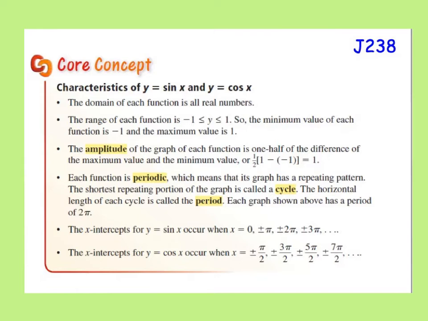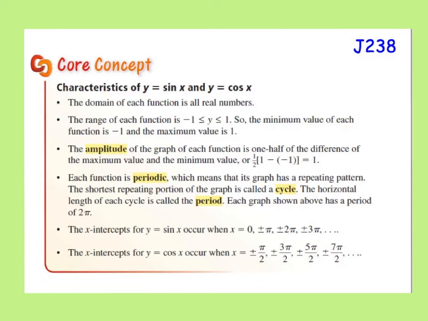The x-intercepts for y equals sine x occur when x equals 0, plus or minus pi, plus or minus 2 pi, plus or minus 3 pi, and so on. And the x-intercepts for y equals cosine x occur when x equals plus or minus pi over 2, plus or minus 3 pi over 2, plus or minus 5 pi over 2, plus or minus 7 pi over 2, and so on.